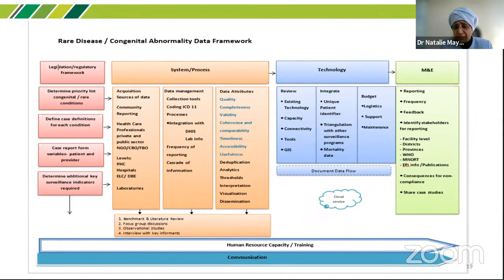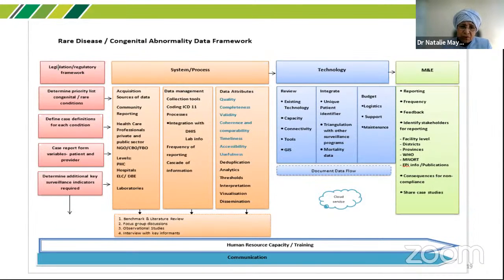How do we share case studies? How do we highlight the work of the clinicians who have detected rare conditions early and identified interventions? But all of this and this whole data framework is underpinned by the healthcare professional capacity building, training at undergraduate level, at postgraduate level, and in service as we evolve.